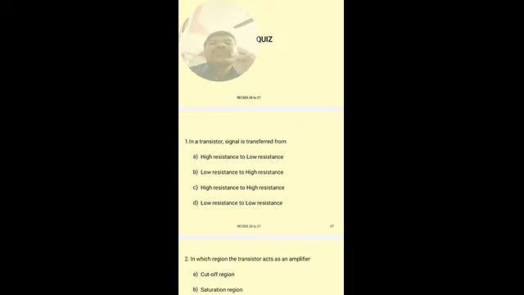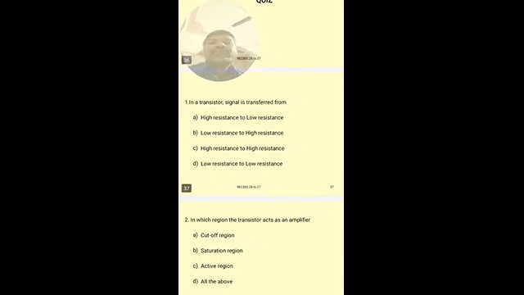The signal is transferred from low resistance to high resistance because the input junction is forward biased and the output is reverse biased. So we have a low resistance at the input and high resistance at the output. That is answer B.